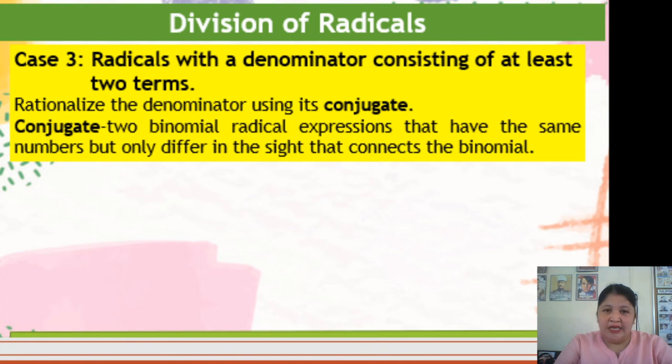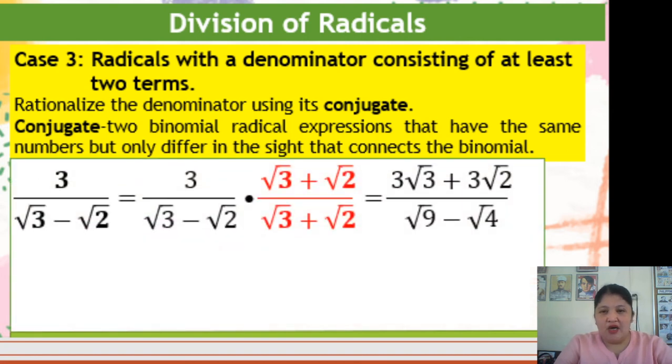The conjugate means two binomial radical expressions that have the same numbers but only differ in the sign that connects the binomial. So let us look at the example. We have 3 over square root of 3 minus square root of 2.